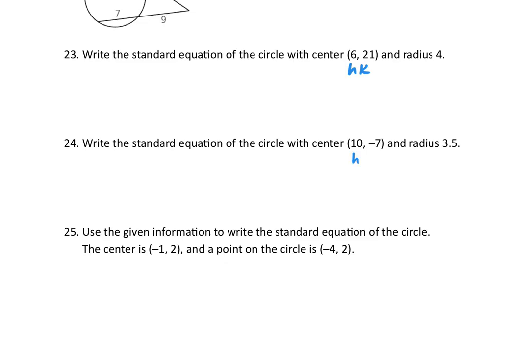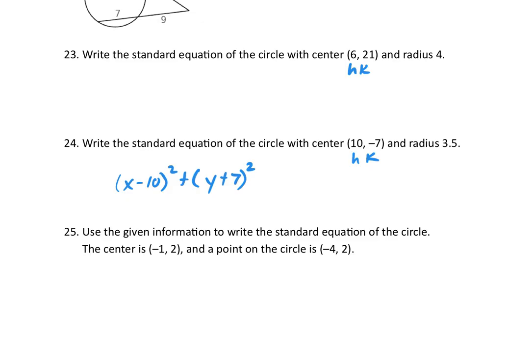Let's do 24, actually. (X minus 10) squared. Notice that it's always going to be the opposite. Plus (y minus negative 7), which is y plus 7, squared. So the signs are always opposite, right?